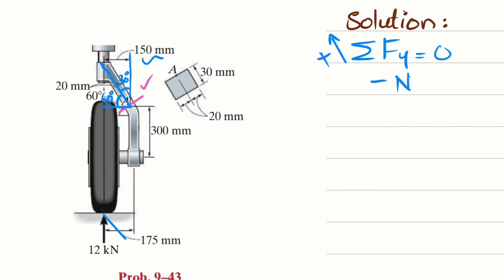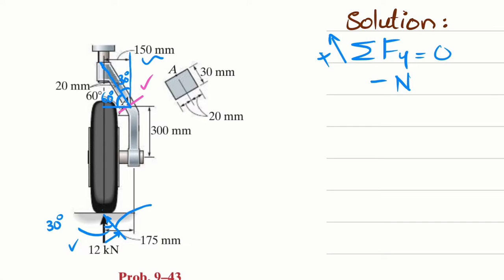Clear? So we will resolve this 12 kilonewton into two components. One component will be in this direction, in the x direction, and the other one will be this, and this angle will be 30 degree. Why? Because you can see this is the vertical line, so this angle will also be 30 degree.